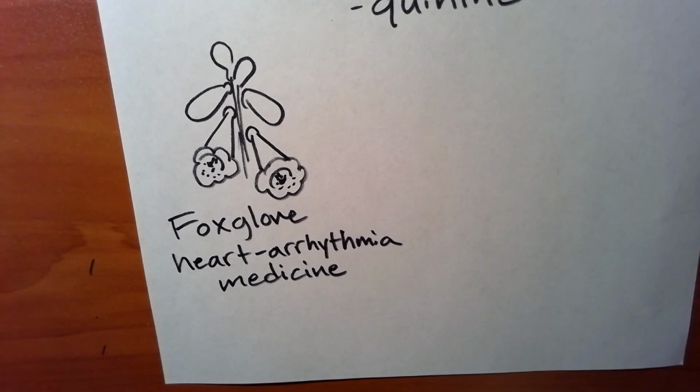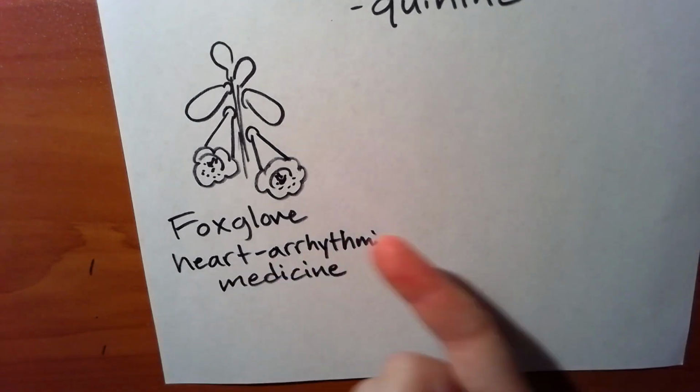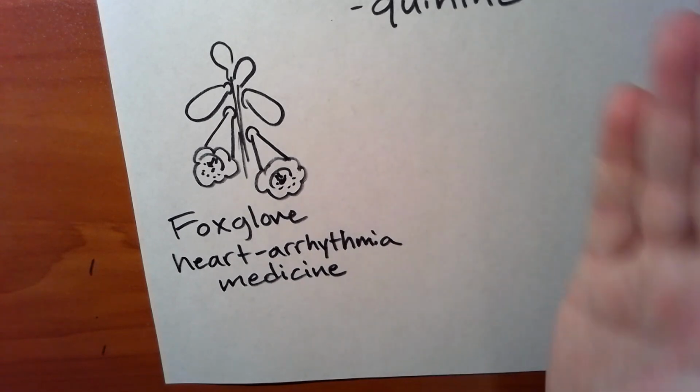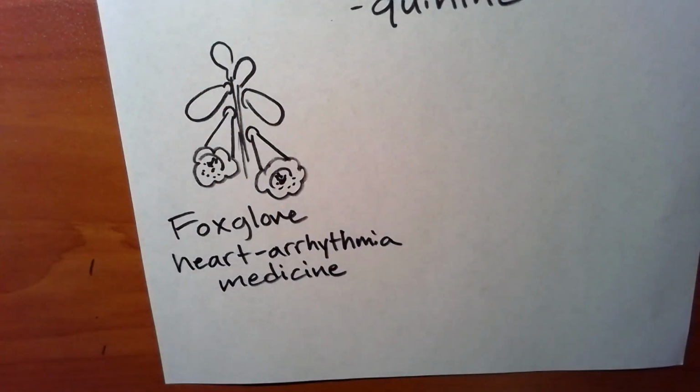So heart arrhythmia means your heart isn't pumping in rhythm. It has a tick, it has a pause, and you don't want that, because eventually that pause will get bigger and bigger and will eventually strain your heart to the point of heart attack. So heart arrhythmia medicine actually balances out the rhythm of the heart, so you prevent that.